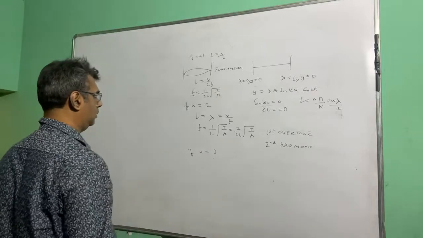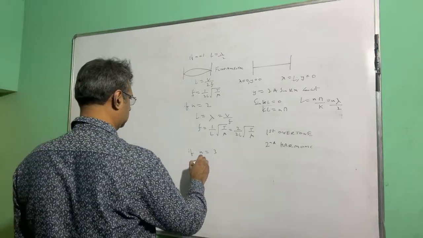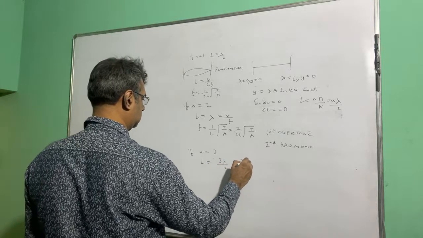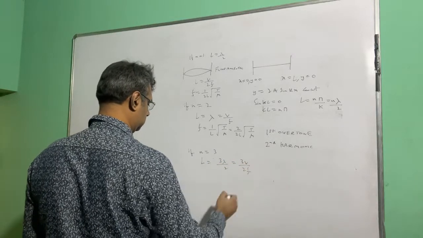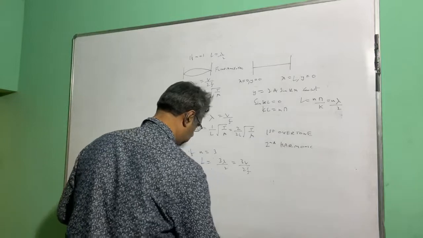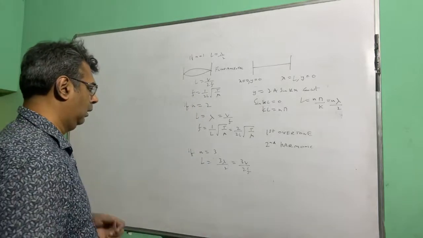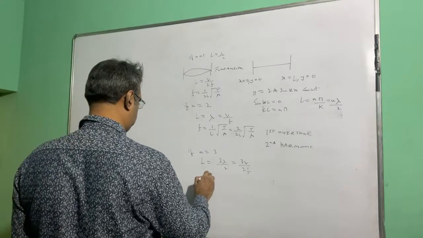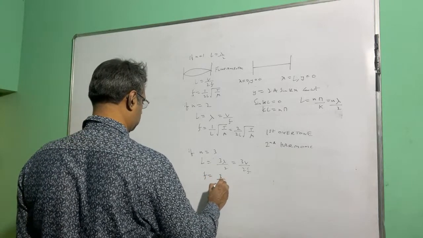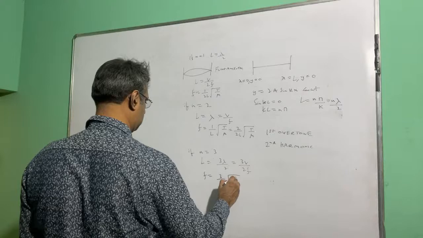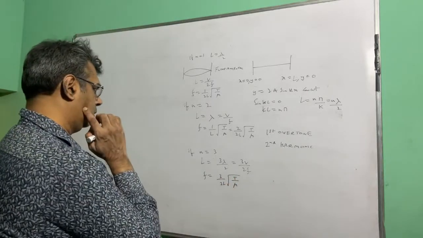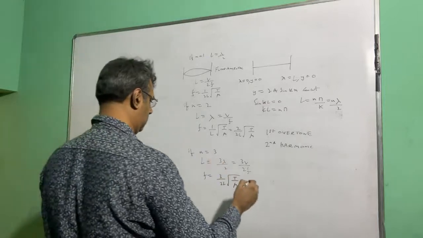Now if you put n equal to 3, then L will be 3 lambda by 2, that is 3V by F. So F will be 3 by 2L root over T by mu.